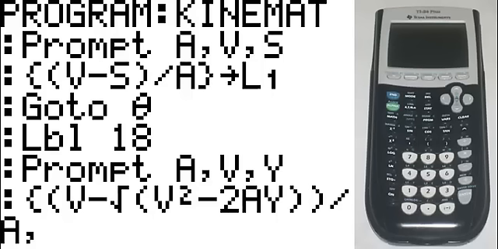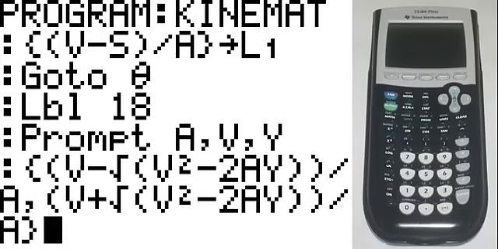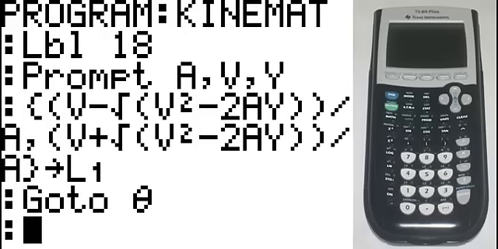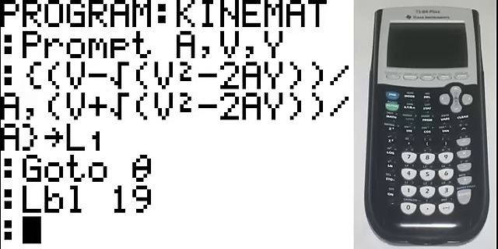So in parentheses, (v minus the square root of v squared minus 2ay), end parentheses, divided by a, comma, in parentheses, (v plus the square root of v squared minus 2ay), end parentheses, divided by a, and the squiggled parentheses, that goes to L1. Go to theta.